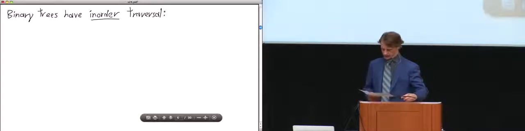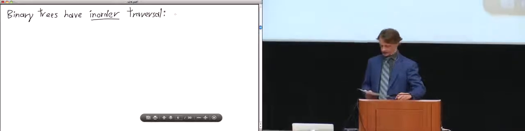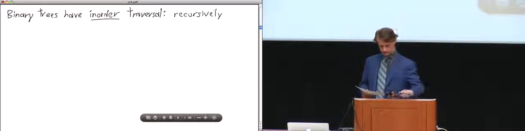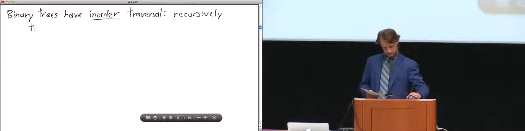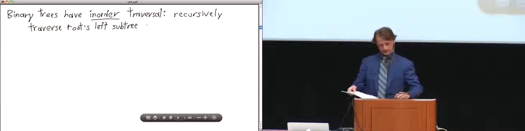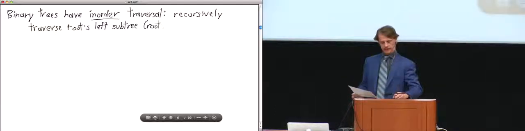And here the idea is that you recursively traverse the left subtree of the node, and by the left subtree, I mean the subtree that's rooted at the left child.